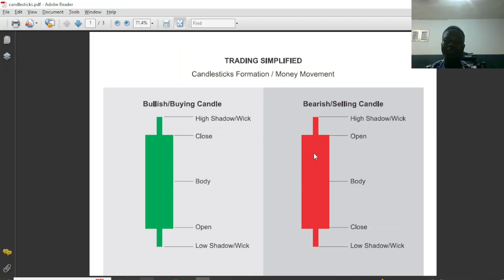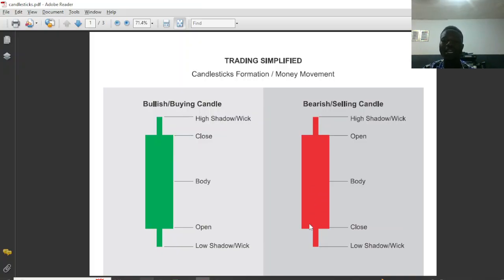As for the bearish market, which is also called the selling candle, you can see that the opening price starts from above here. When we have a lot of traders selling the market down, the size of the candle will begin to become bigger and bigger.